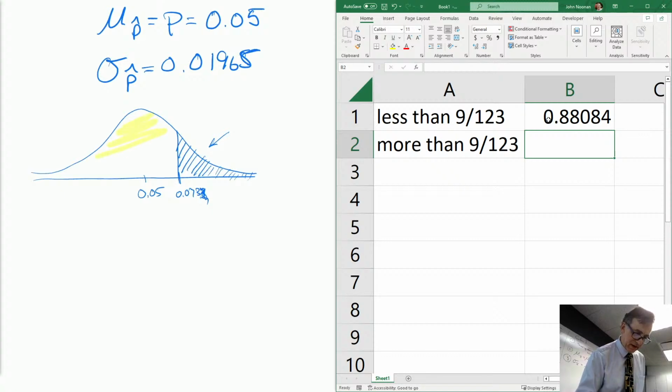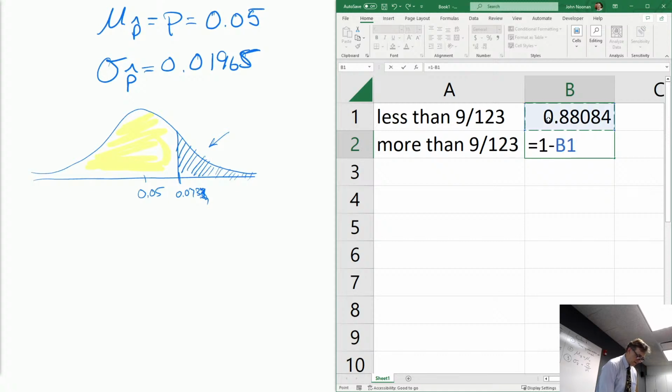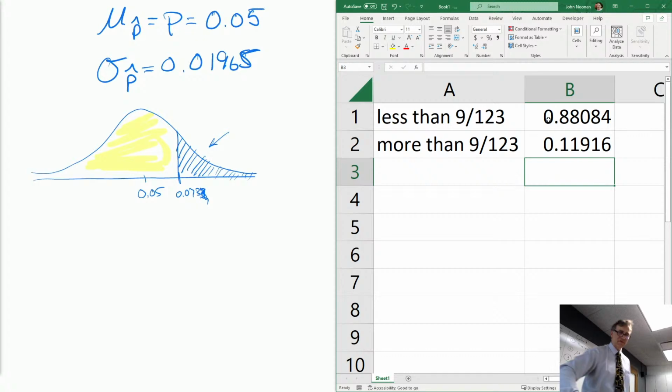That is the 0.88. So to get the stuff on the right side, I just have to do equals 1 minus that thing there. And that gives me the stuff to the right. So this is 0.11916.